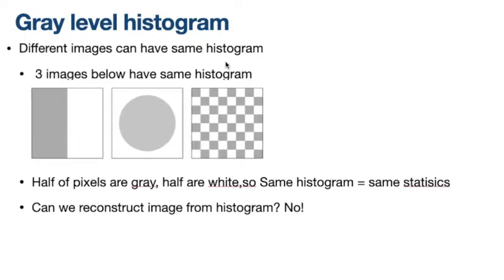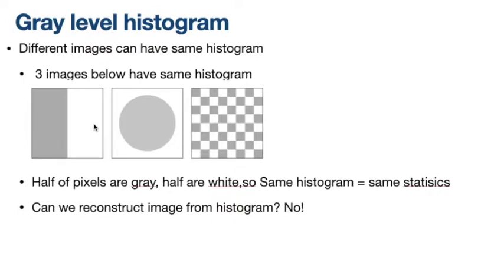So when you draw a histogram for all these three images, they are going to have the same histogram. Half of the pixels are gray and half are white for all three. So the same histogram, because they have the same statistics.